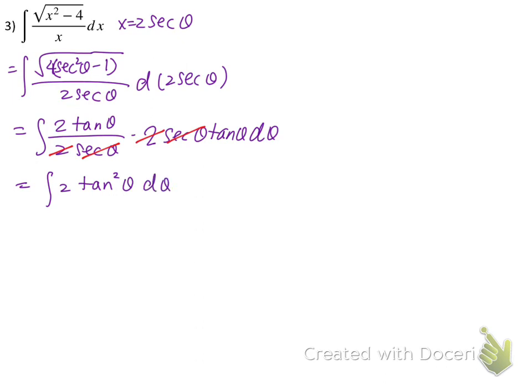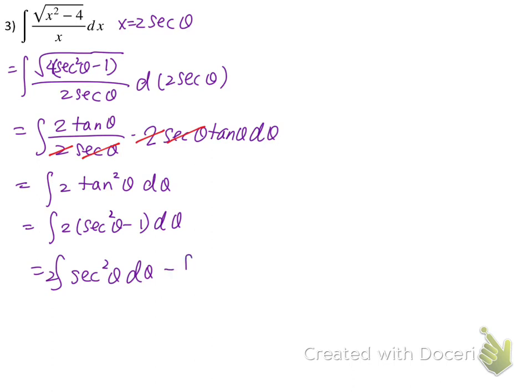And I don't know if you remember, we did a very similar question in the previous packet. When you have tan squared, write it the other way, 2 times secant squared theta minus 1 d theta, where secant squared is the derivative of tan, and of course 2 d theta, you can evaluate that.